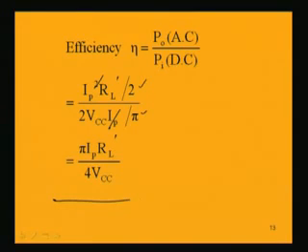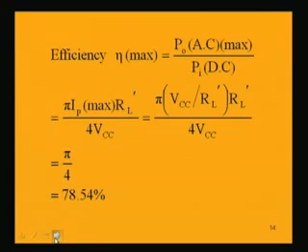Now if we consider the maximum efficiency, what will be the maximum efficiency that you can achieve with the push-pull amplifier, then we have to consider the maximum output power and find out the ratio between the maximum output power, which is an AC power, the maximum value of the AC power that can be obtained with the DC input.